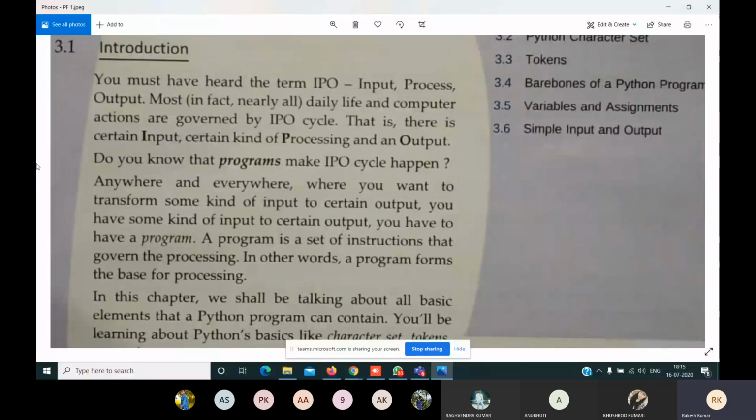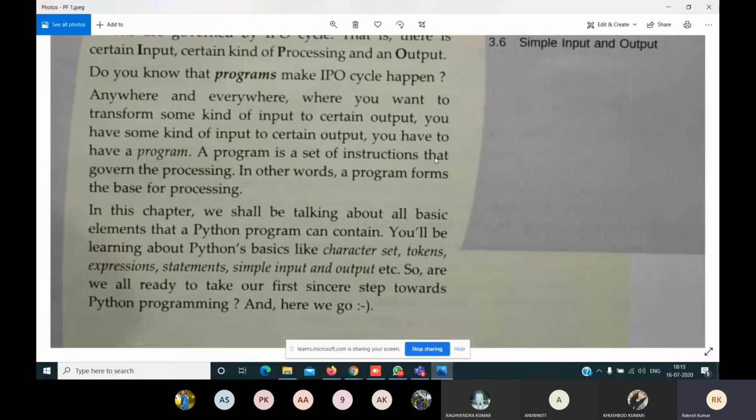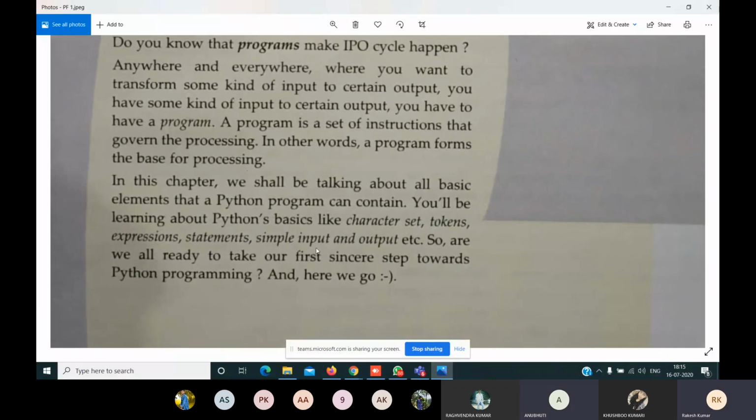So if you want to do anything on a computer or device, you need a program. A program is a set of instructions that governs the processing. In other words, a program forms the base of processing. Understand? Clear or not? Yes, sir.